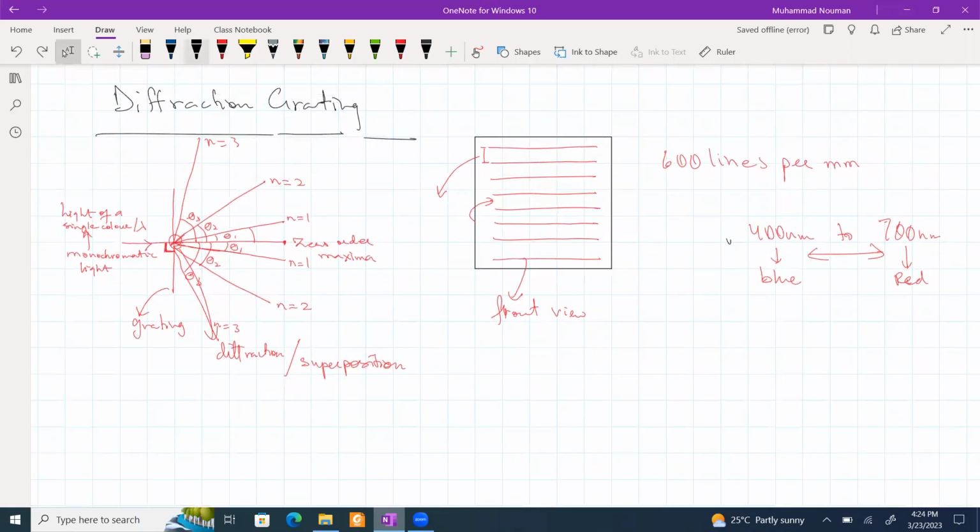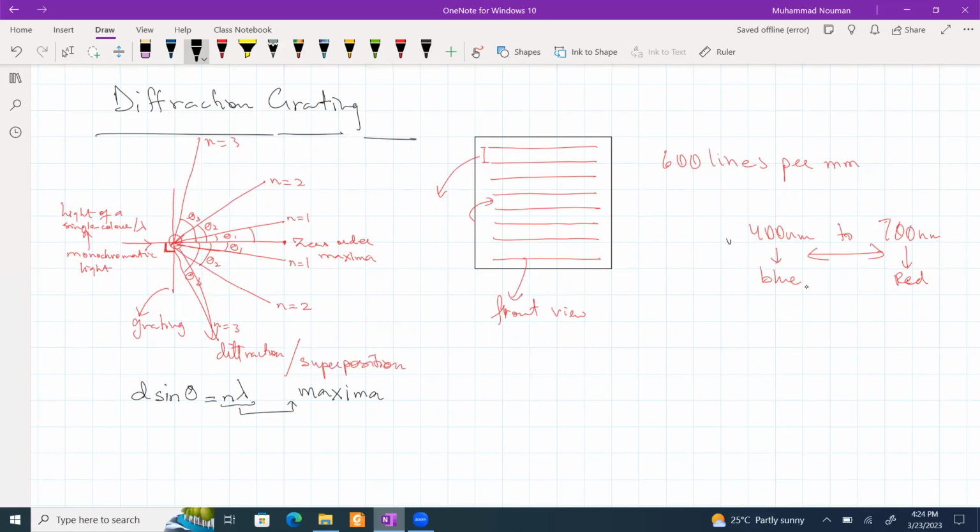The formula is d sine theta equals n times lambda. This n lambda is used only for maxima. In diffraction grating, we do not see any minima, and we do not have any calculation for minima.